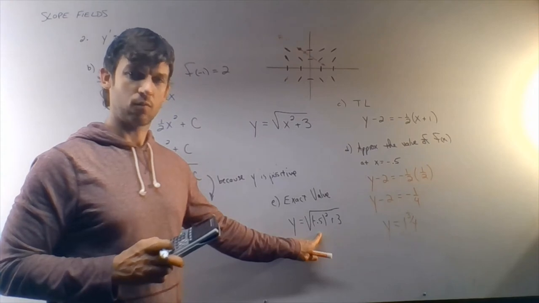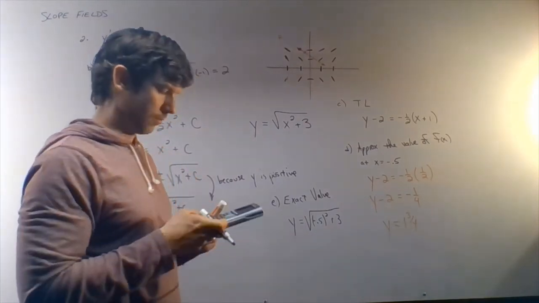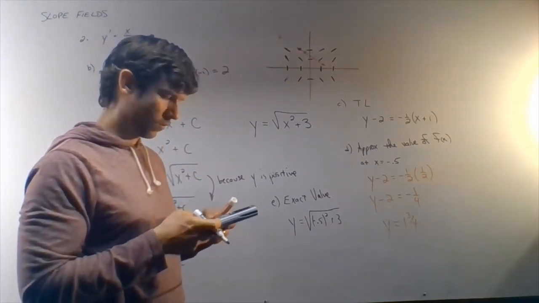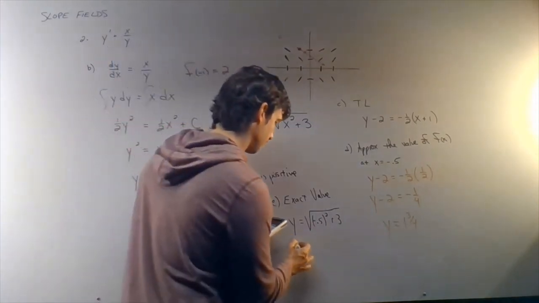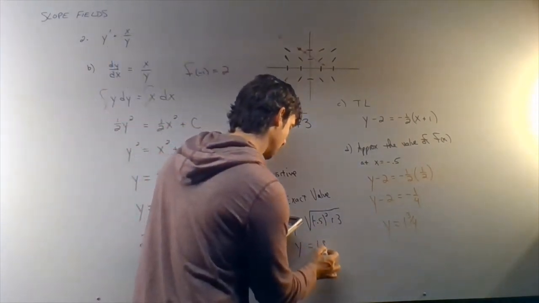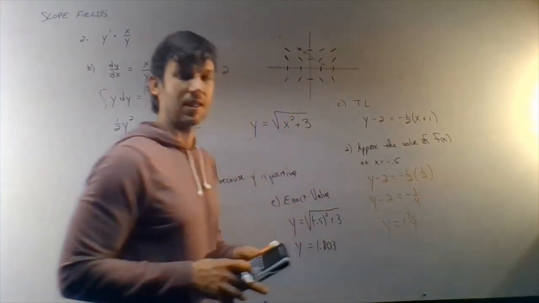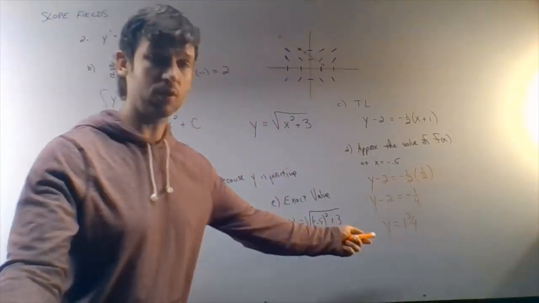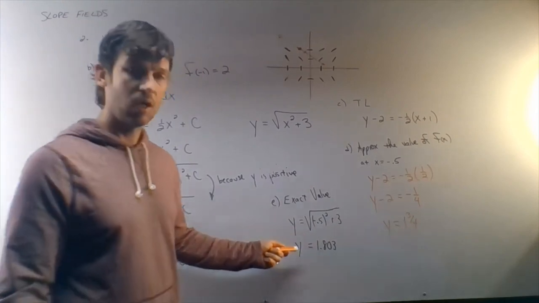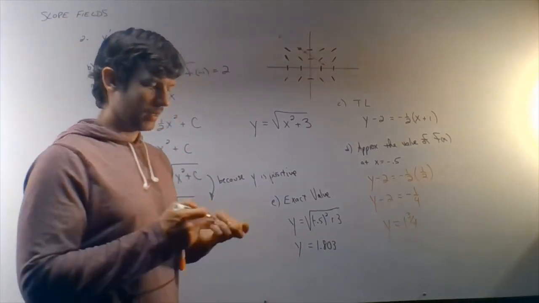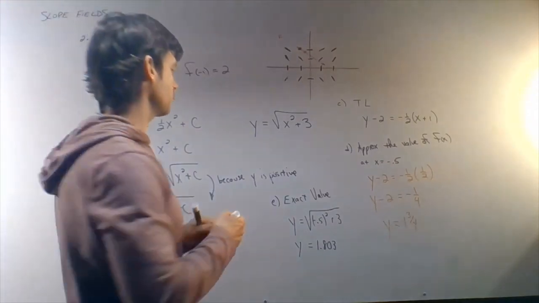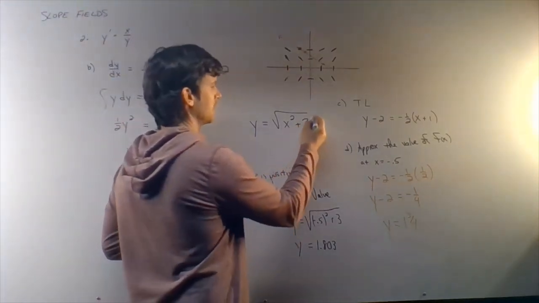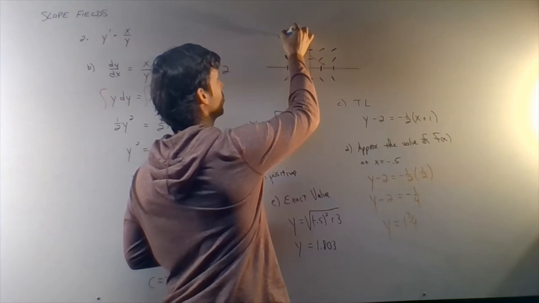Because that's 1/4 right there. So the square root of 3.25 is 1.803. That's the actual answer. We're pretty close with our estimate, 1.75 versus 1.803, because the function, if we graphed it, now that we know it is the square root of x squared plus 3, would actually look like this.